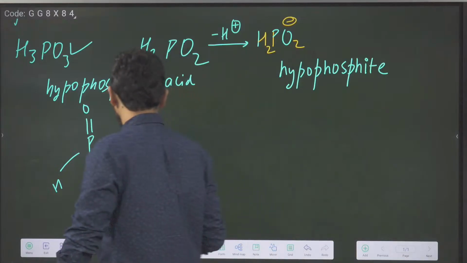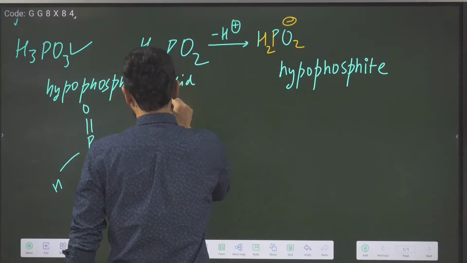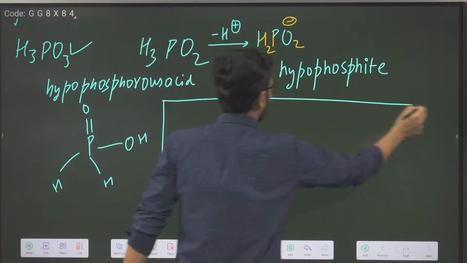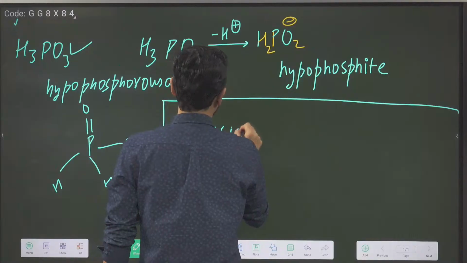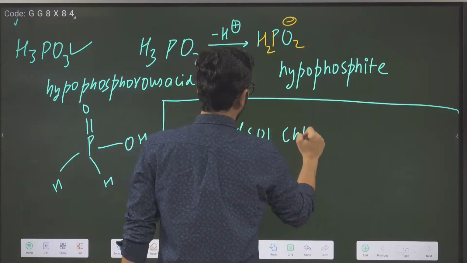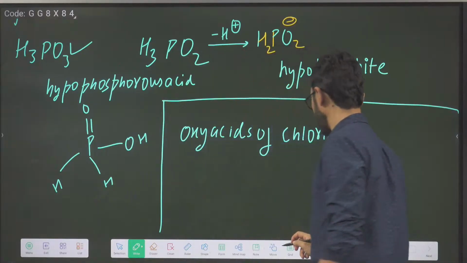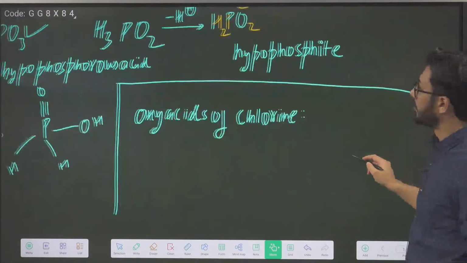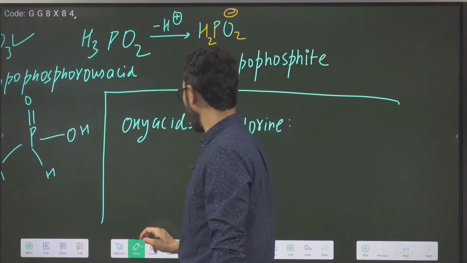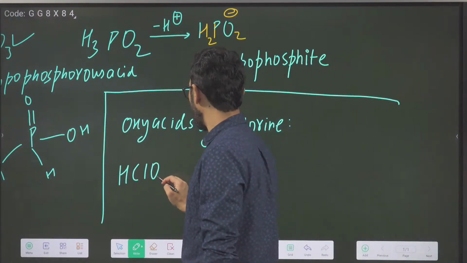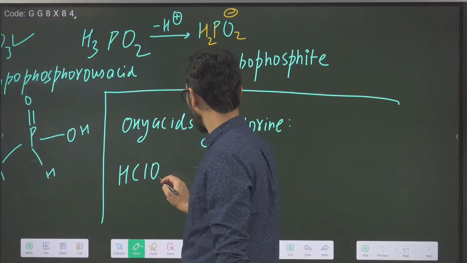Take. Then other example after the oxyacids of phosphorus. Other example, oxyacids of chlorine or halogens. This example we have done, HClO3 done. Structure was done.